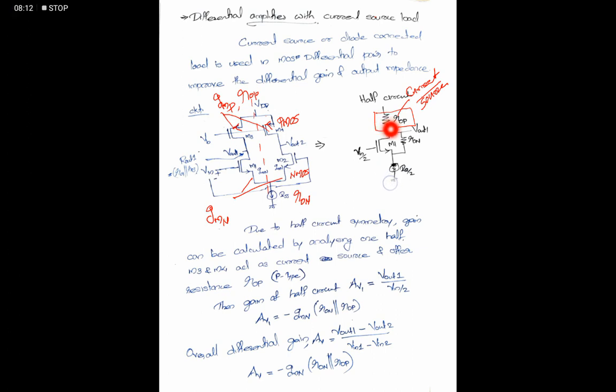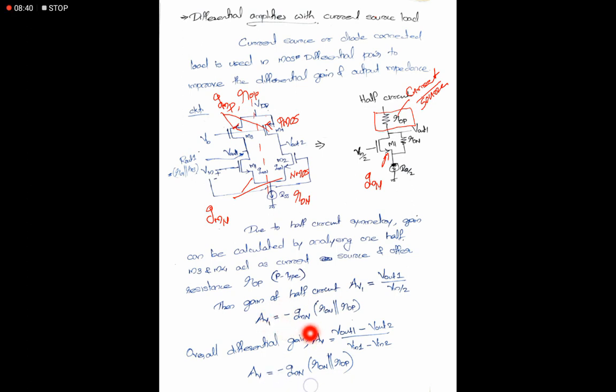Then this transistor having a transconductance of Gmn, this half circuit is nothing but a common source configuration whose gain AV1 is Vout1 divided by Vin1, which is minus Gmn times RON parallel to ROP.